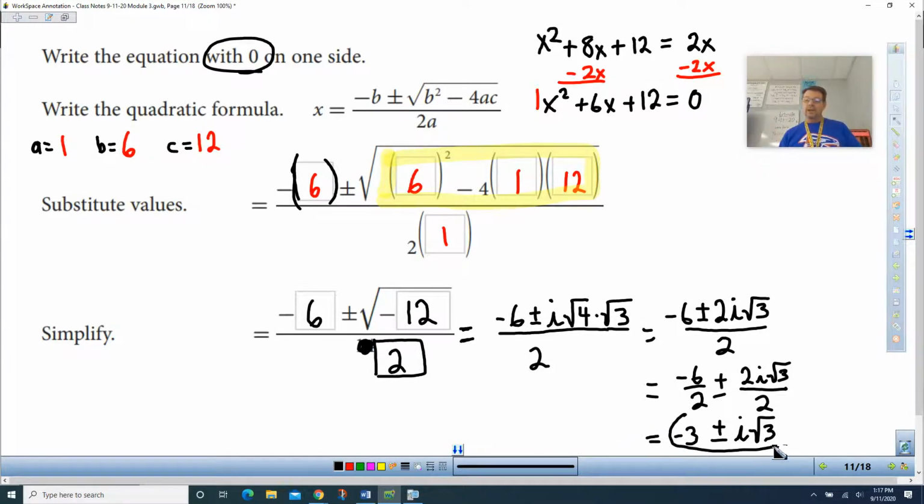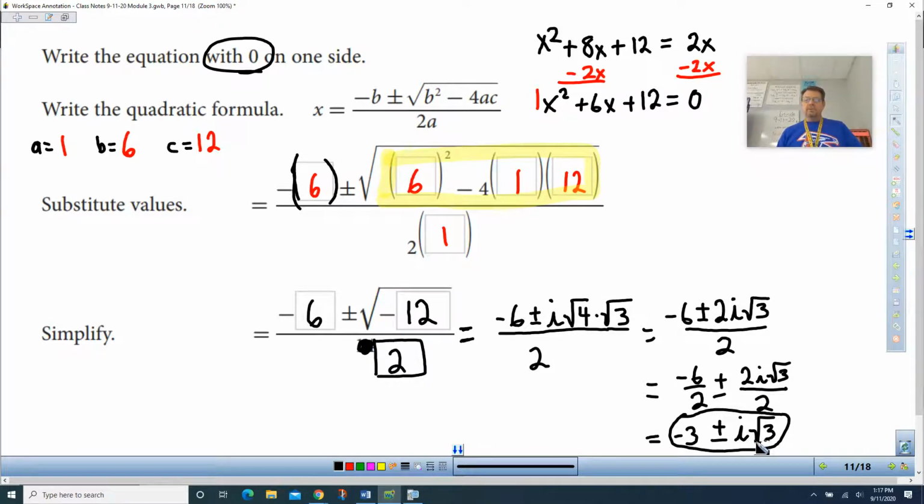This is the correct answer. Notice how many correct answers did I say? The correct answer. Okay, if you do anything else, it's an estimation or something else. So this is negative 3 plus i on the square root of 3, and negative 3 minus i on the square root of 3. So it's got 2 answers built into it, but this is how you would write it.